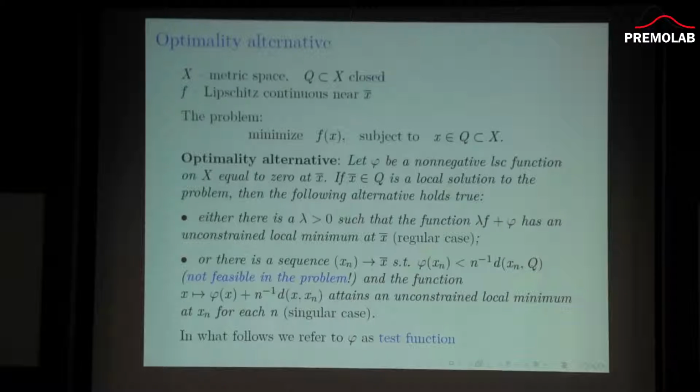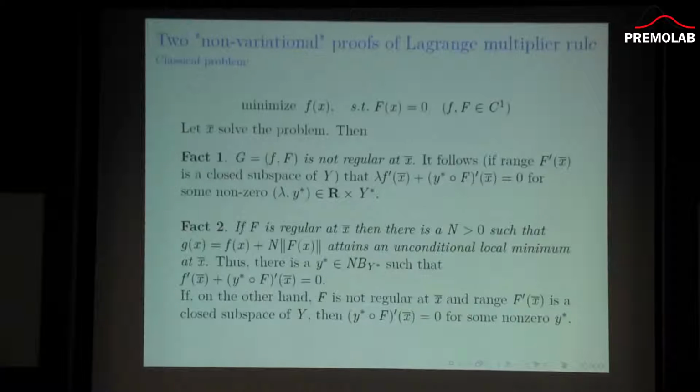But what I want to tell is, let me return back for a second here. I said that if you have some machinery to verify non-regularity, like the Lyusternik-Graves theorem, to verify the absence of metric regularity or the covering property and so on, then you can use it and get necessary optimality conditions.